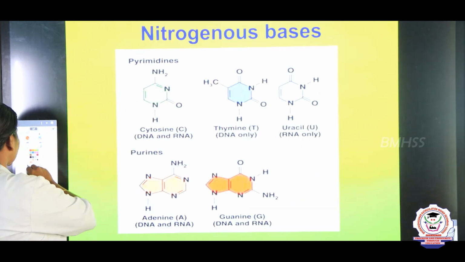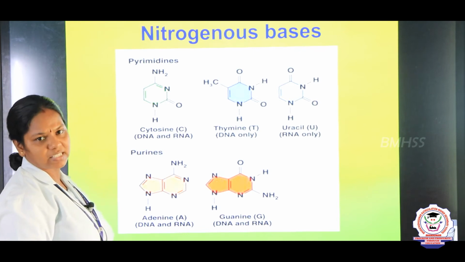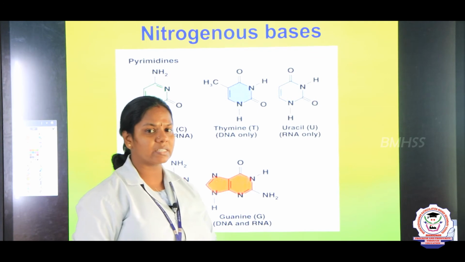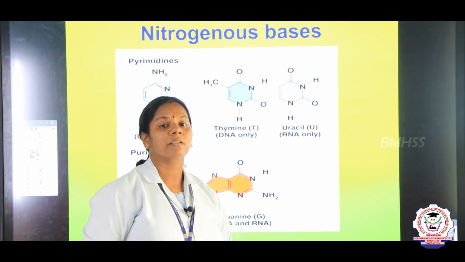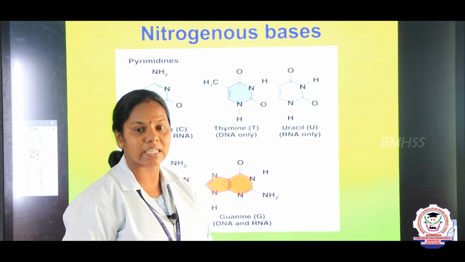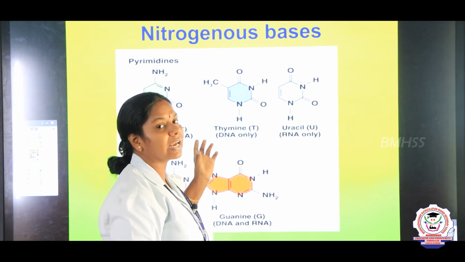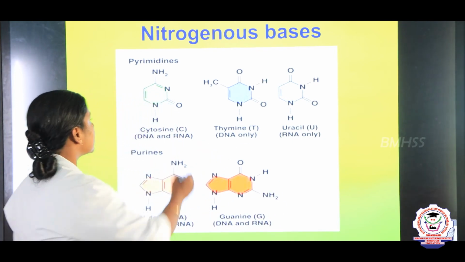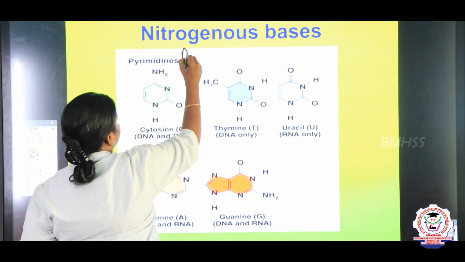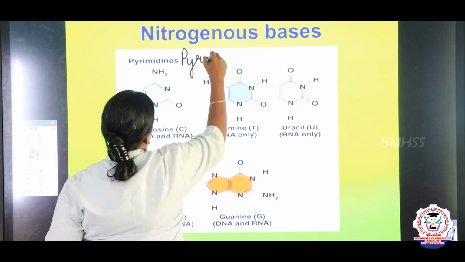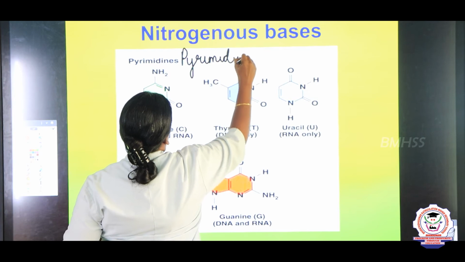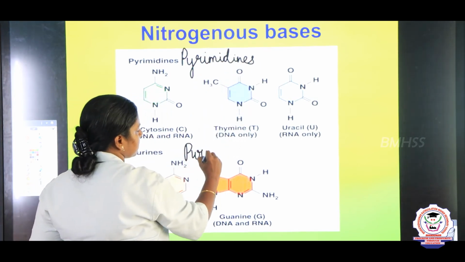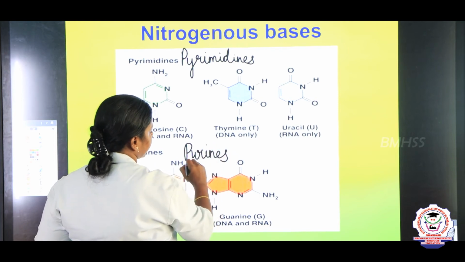Next we shall see about the nitrogenous bases, right? What is a base, children? When it has a pH greater than 7, we call it a base, and it gives an alkaline nature. The nitrogenous bases are of two types: one is pyrimidines and the other is purines, right?